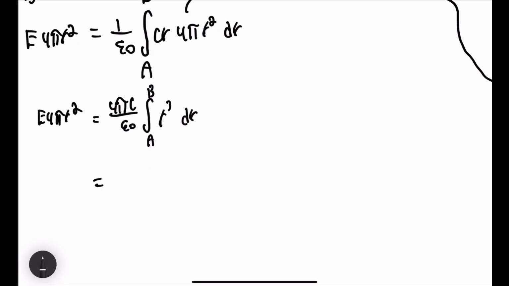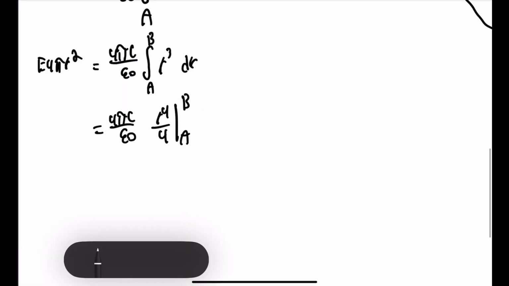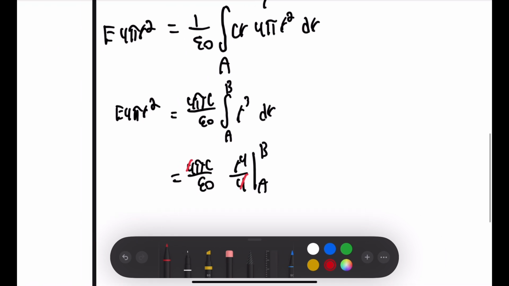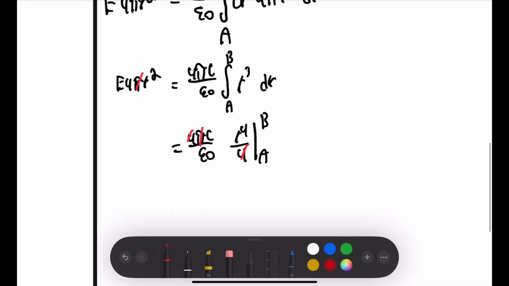So if I integrate this, let me bring down the constants, 4 pi C over epsilon naught. I'm going to get r to the 4th divided by 4, evaluated from A to B. I see that the 4's can cancel. I can divide by pi on both sides, so the pi also cancels.